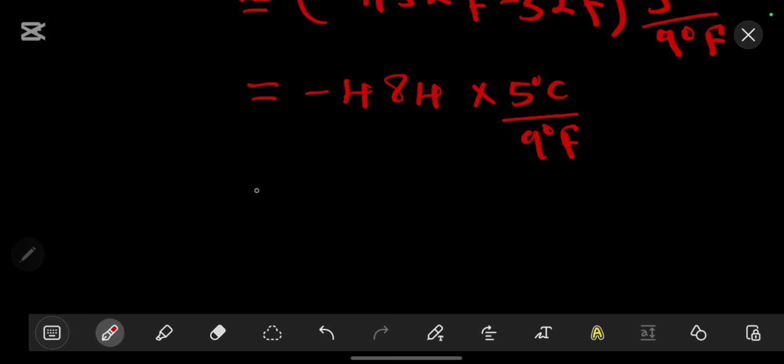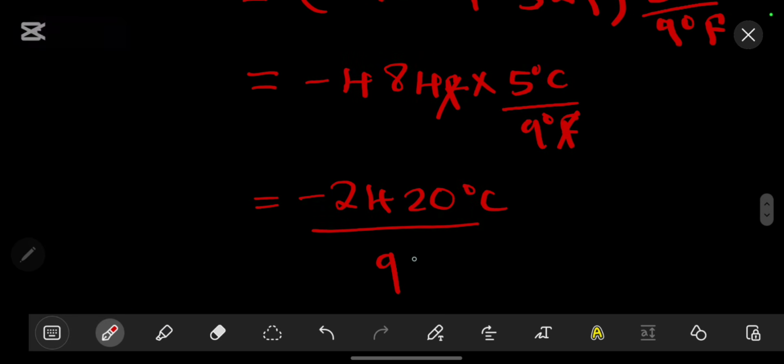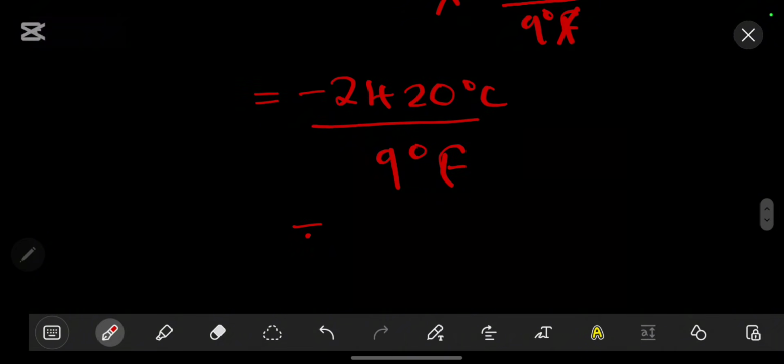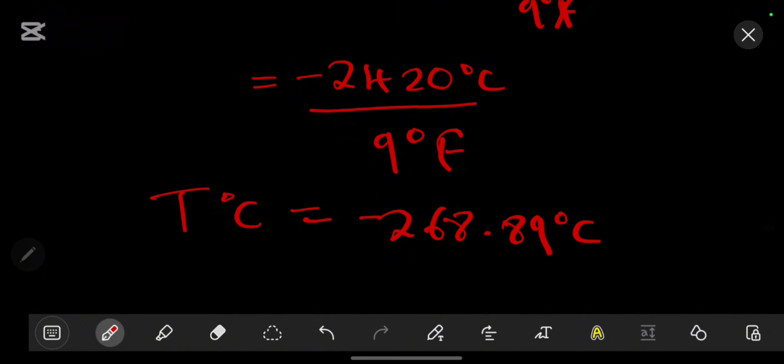It will give us a negative 2420 over, so this one is Fahrenheit, so we cancel. So we have the temperature degrees Celsius over 9 degrees Fahrenheit. So when we divide by 9, we are getting a negative 268.89 degrees Celsius. So that is how we convert the temperature in degrees Celsius.